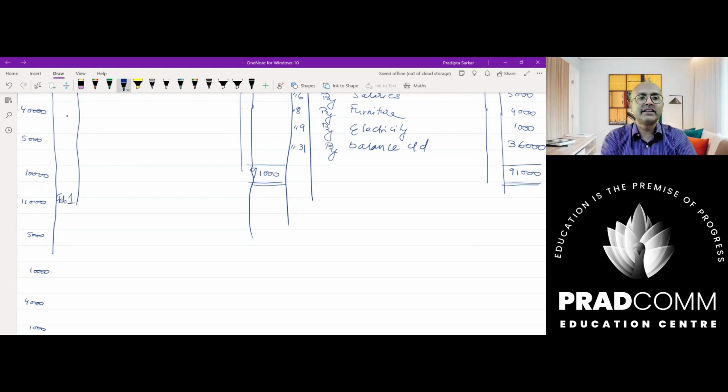This balance c/d will now be brought down to here and it will be termed as to balance brought down. So why "to"? Because on the debit side we write "to", on the credit side we write "by". Same amount. This means we are beginning the month of February with a balance of 36,000 in our hands.